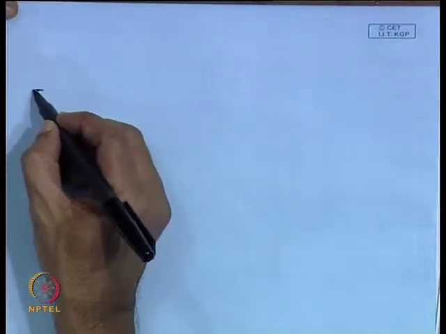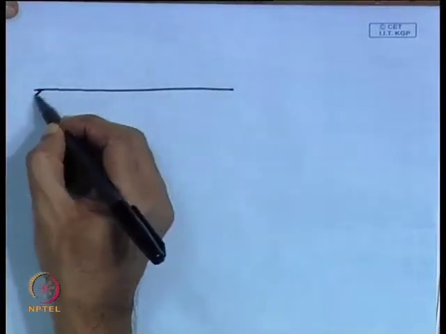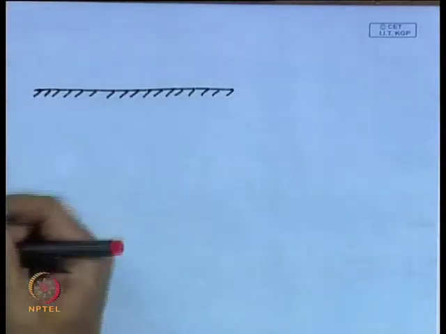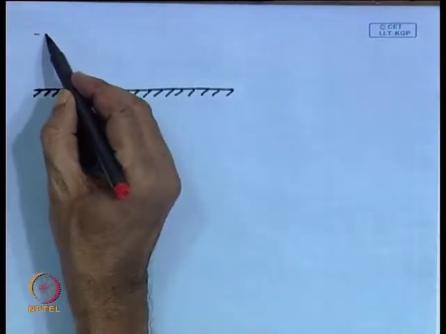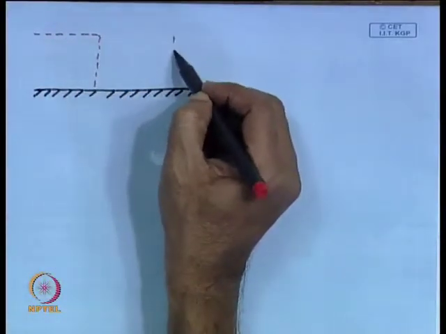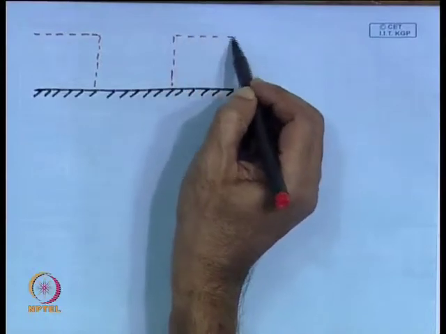Now, if it leaves with some surrounding liquid, then a very simplified mechanistic representation of the process will be something like this. This is the hot surface, up to this we have got heated liquid.